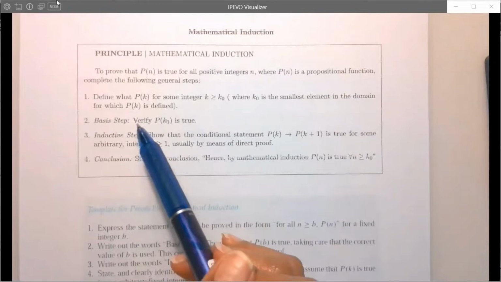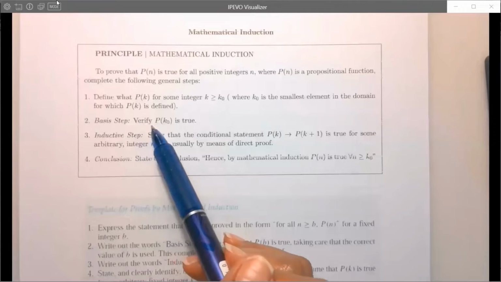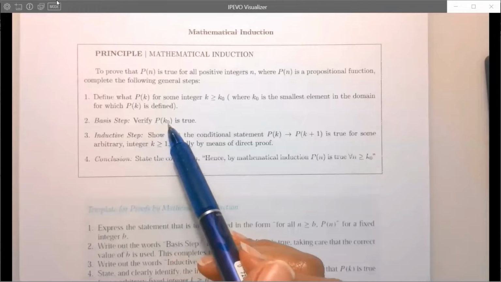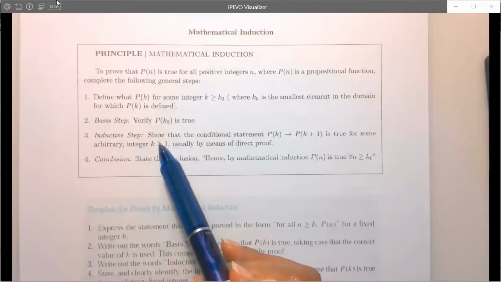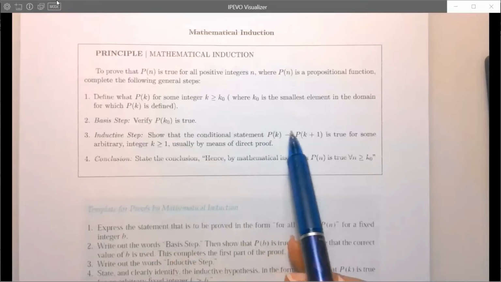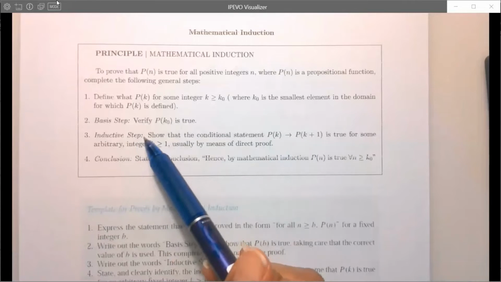Then we want to prove something called the basis step. Basically, we're just verifying that P of k0 is true. Then we have to show that P of K implies P of K plus 1. That's referred to as the inductive step.